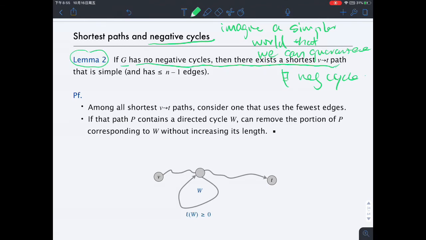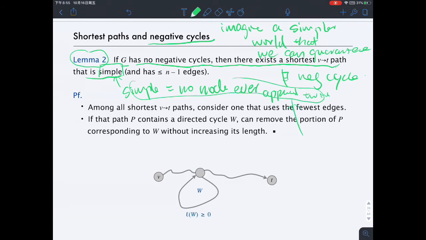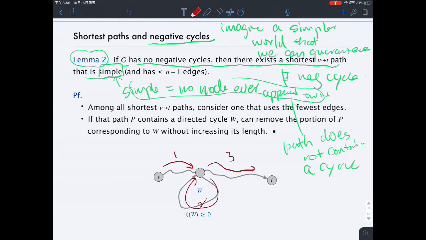Then we have another important lemma that says that if G has no negative cycle, then there exists a shortest path that is simple. Just recall what simple means: no node appeared twice. So simple also intuitively means that the whole path doesn't contain a cycle.